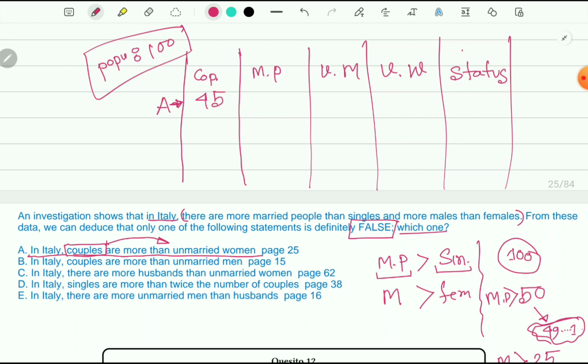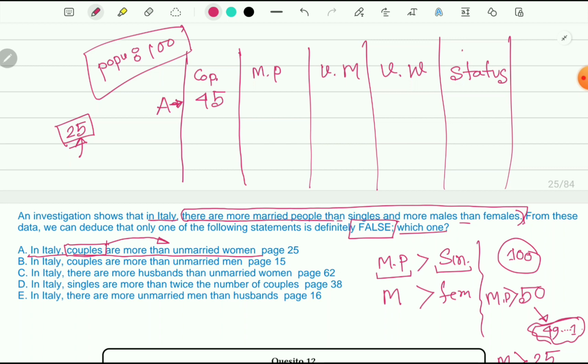For better understanding, if couples are 45, now let me tell you why I chose 45. I chose it for better understanding, and also because this sentence has to be satisfied. I could not choose couples less than 25, because then married people would become fewer than singles.